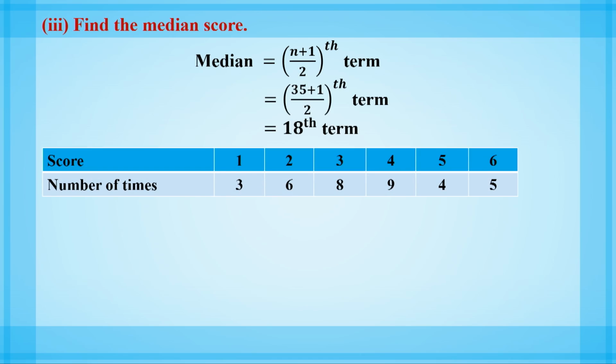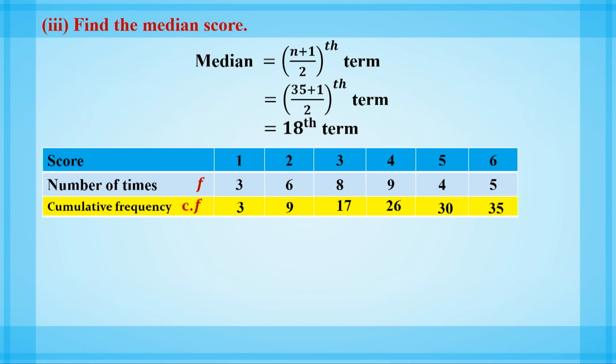Now, here you can add an additional row to represent cumulative frequency. The first value in this row is 3. The second one is 3 plus 6, which is equal to 9. The third one is 9 plus 8, which is equal to 17. Similarly, we find the remaining values.